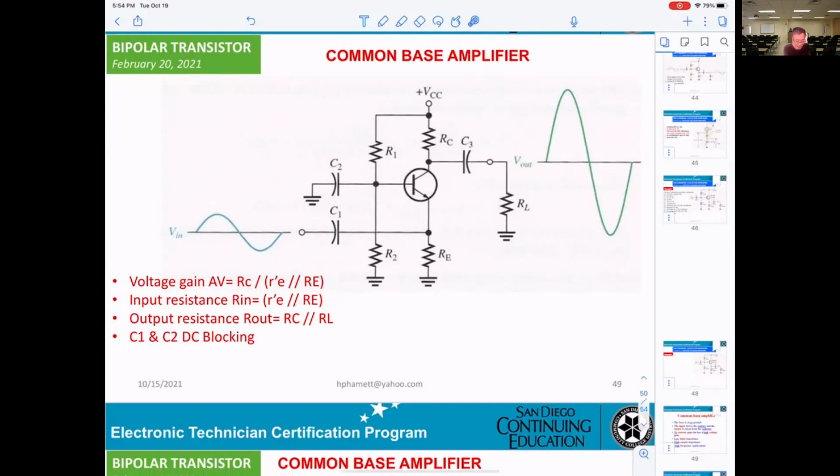Input will be applied to the emitter. However, output will be from the collector. What is the name for C2? Why do we need C2?